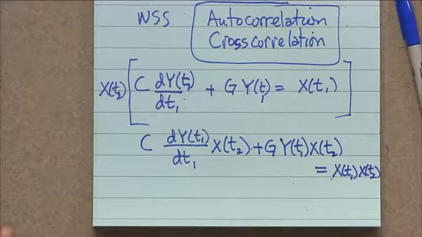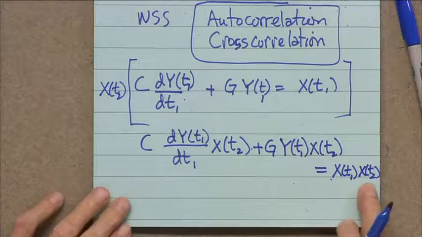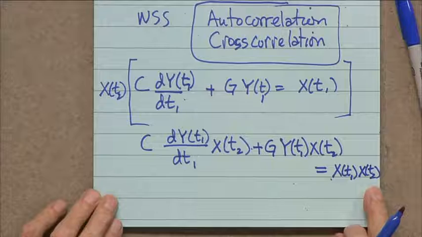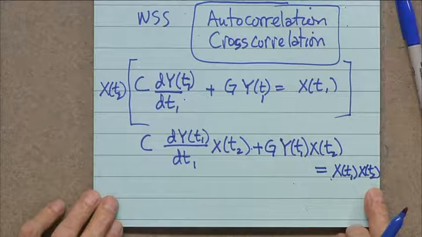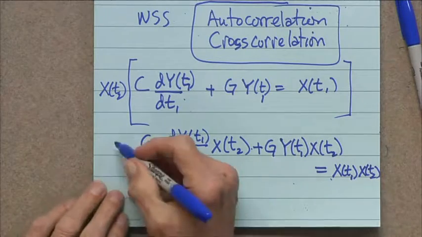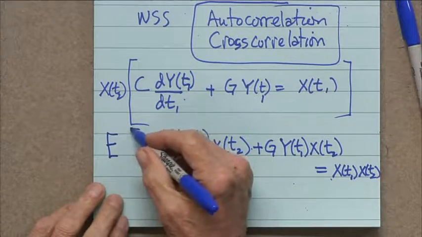So now we take the expected value of this expression. What would be the expected value of the right side? It's the autocorrelation.